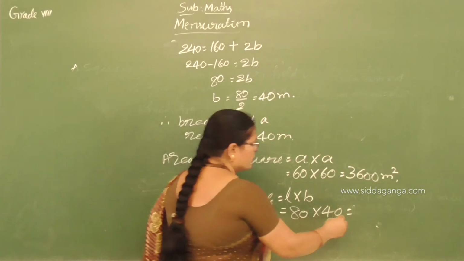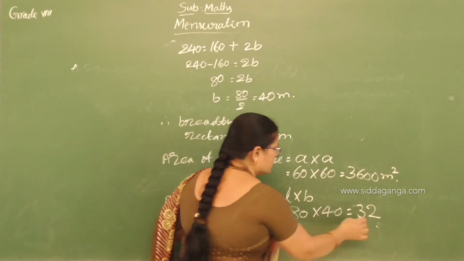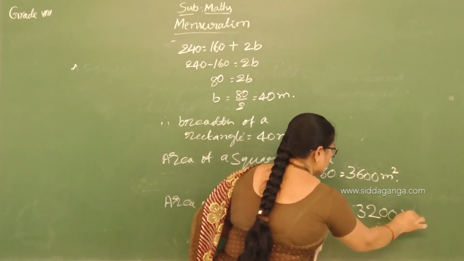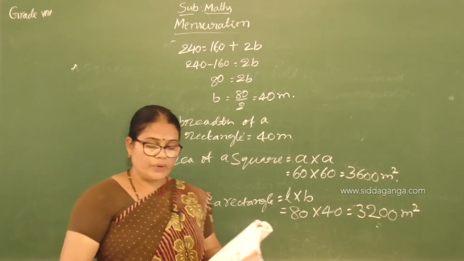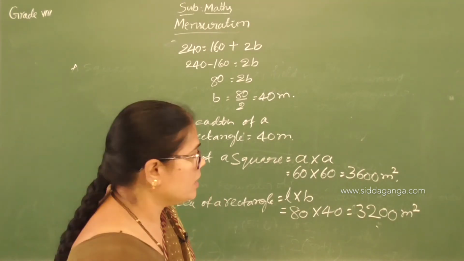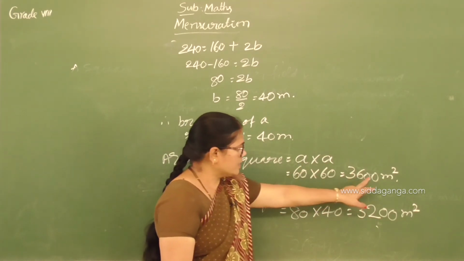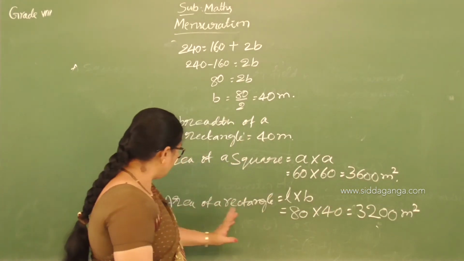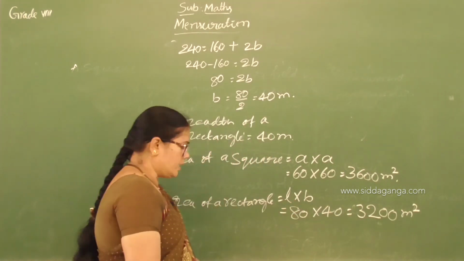8 4s are 32, so 3200 meter square. We have to compare which field has the larger area. Here area of a square is equal to 3600 meter square. Here area of a rectangle is equal to 3200 meter square.